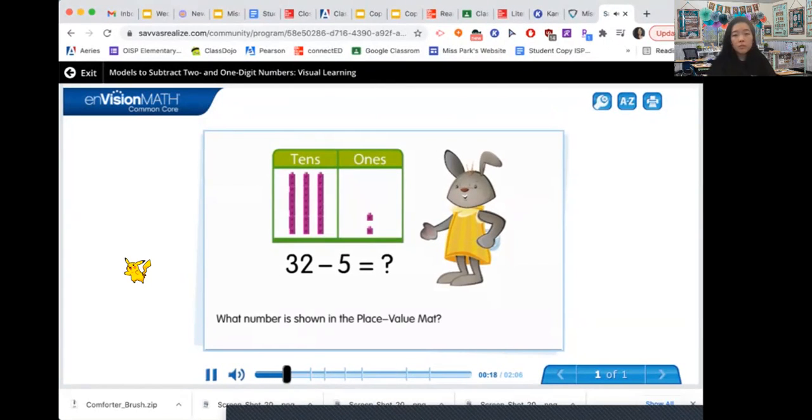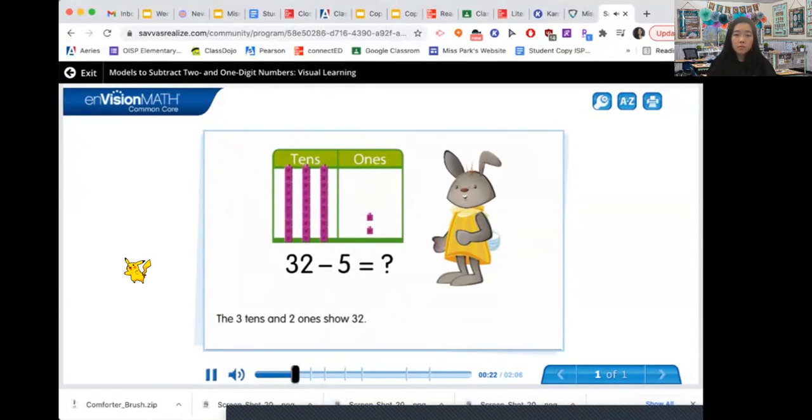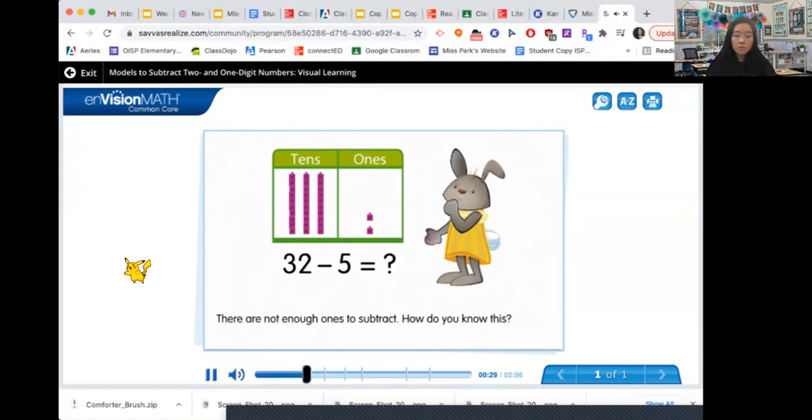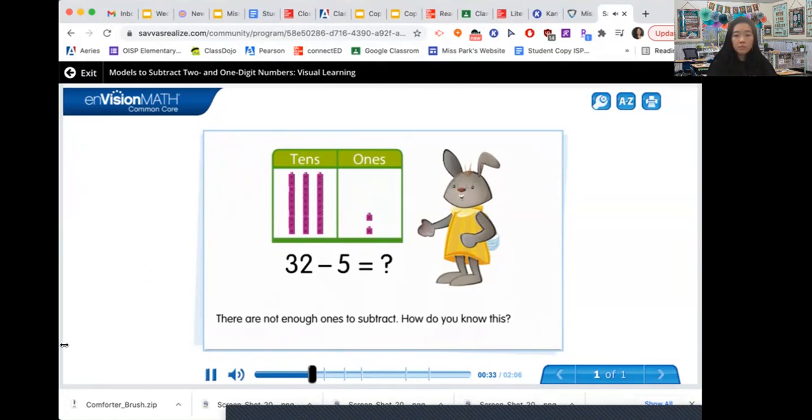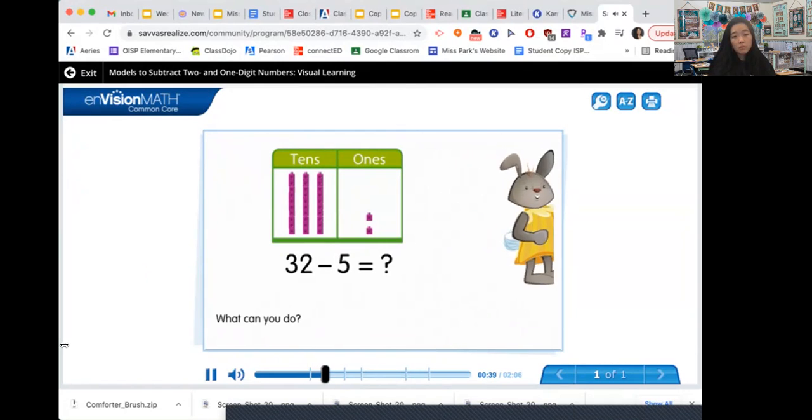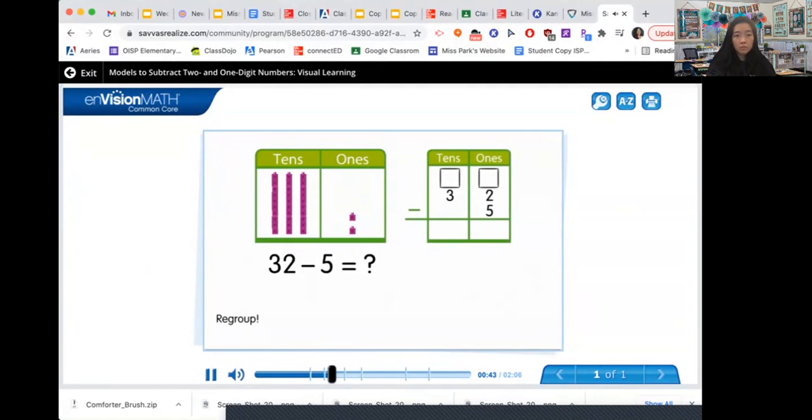What number is shown in the place value mat? The 3 tens and 2 ones show 32. There are not enough ones to subtract. How do you know this? 5 ones is more than 2 ones. What can you do? Regroup. Regroup 1 ten as 10 ones.